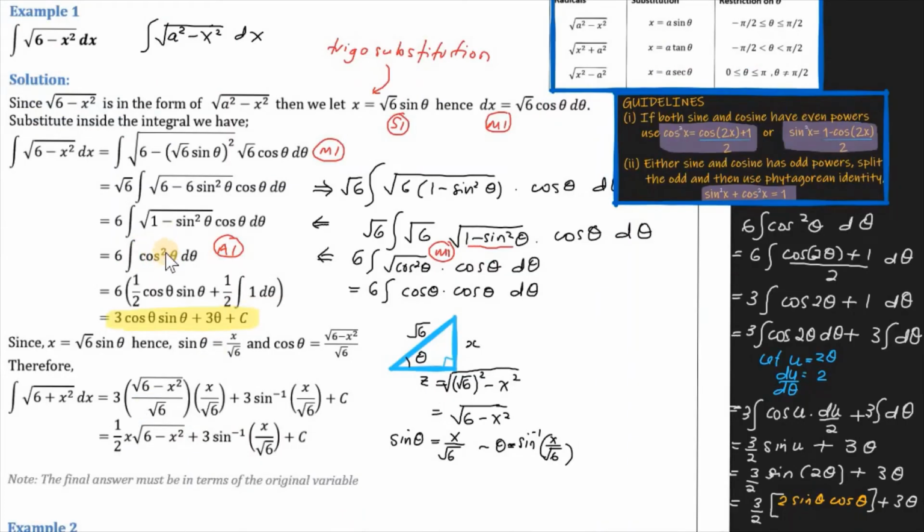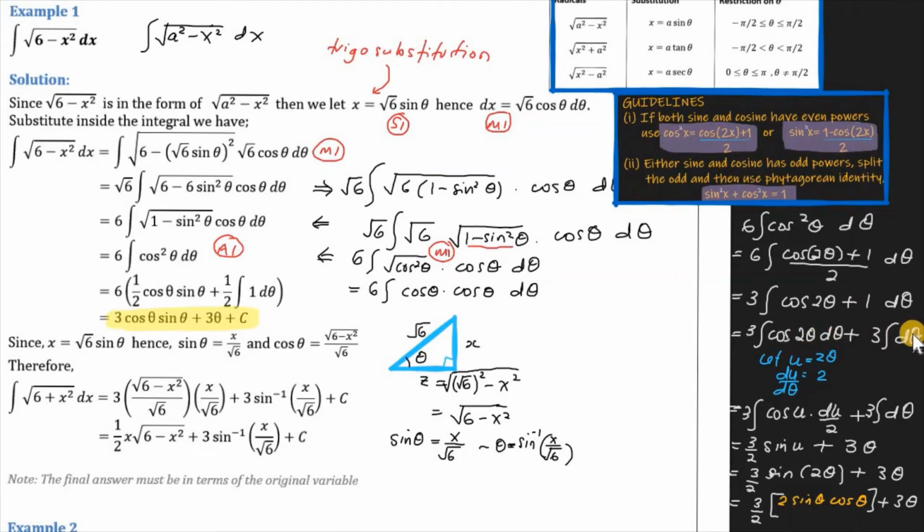So for the cosine power even number, let me do it here again for you. The guideline that we have had under the previous chapter, if you have sine and cosine have even power, do consider to use this double angle formula. Okay, so we change here our angle is theta, so 2x here to theta. So then we can separate them, or here 6 and 2 is simplify, we got 3, here we have cosine 2 theta plus 1.